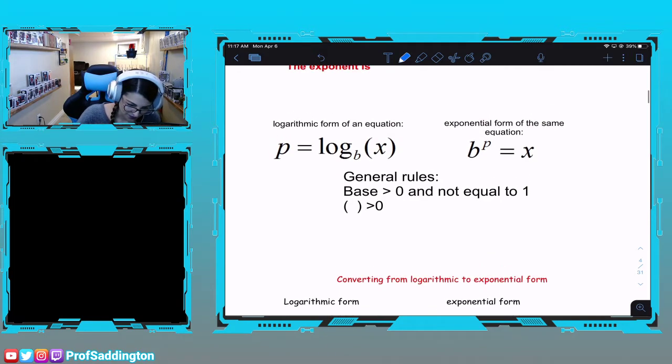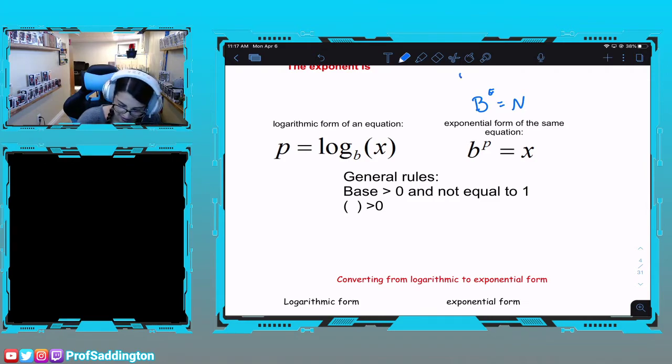If I have something in Ben form, that's a base, an exponent, and a number. Where it says b raised to the p equals x, that's how you may have learned it. I have it as b to the e to the n. Ben is the name of a bunny. He's adorable, super cute.